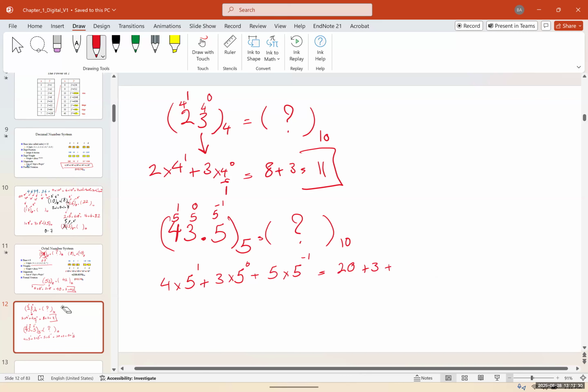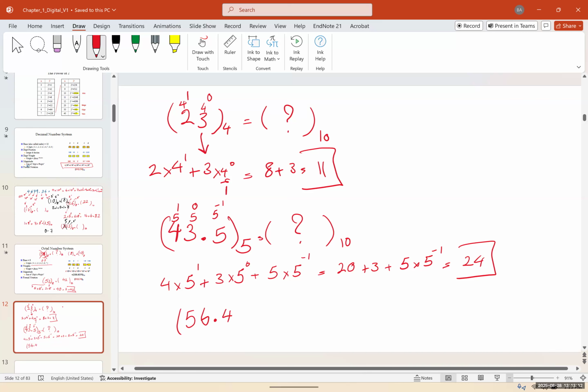Am I correct? What would this be? Let's solve another one, 43.4.